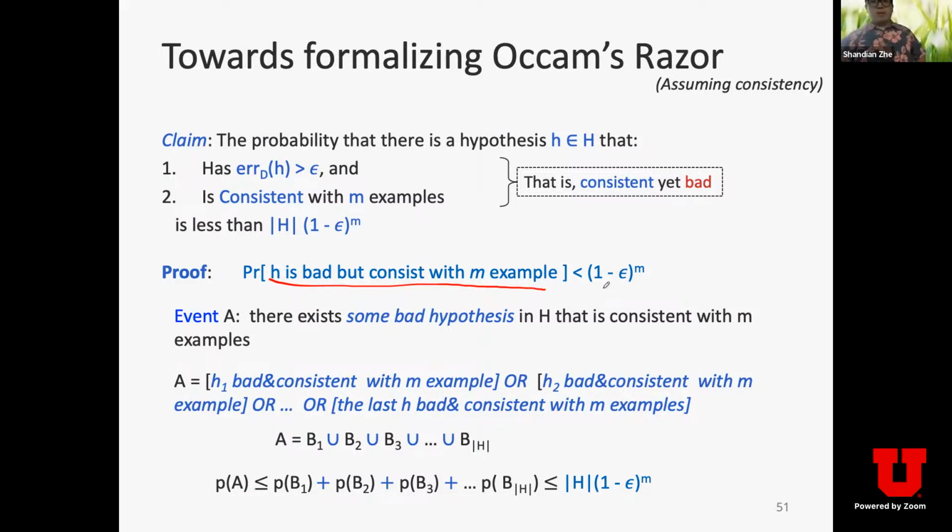This probability is upper bounded by (1 minus epsilon) to the power of M. So every B event is talking about that, so its probability, each of these P of B1, B2, and so on, is upper bounded by (1 minus epsilon) to the power of M. So the total bound will be the size of hypothesis space H times (1 minus epsilon) to the M. That's how we derive this result.